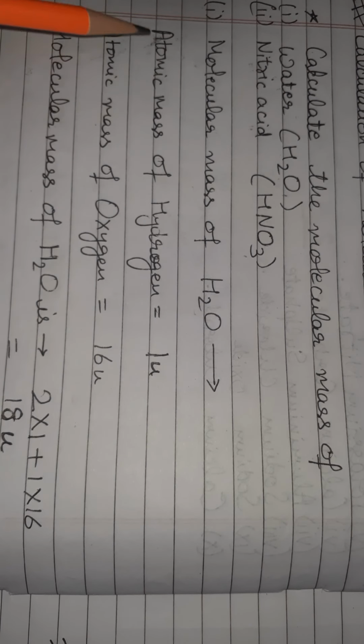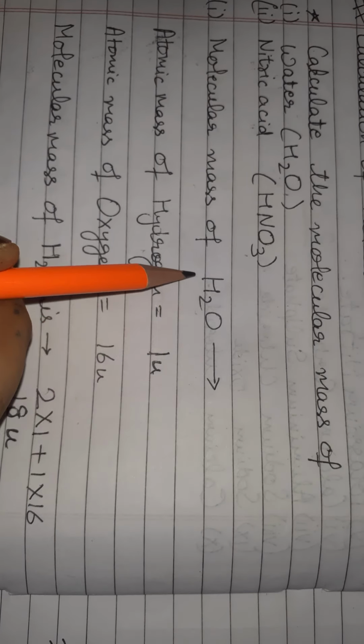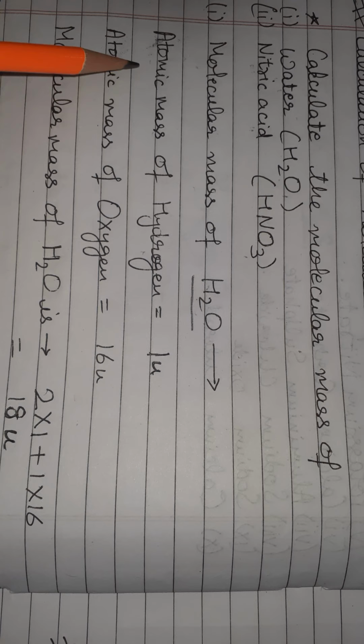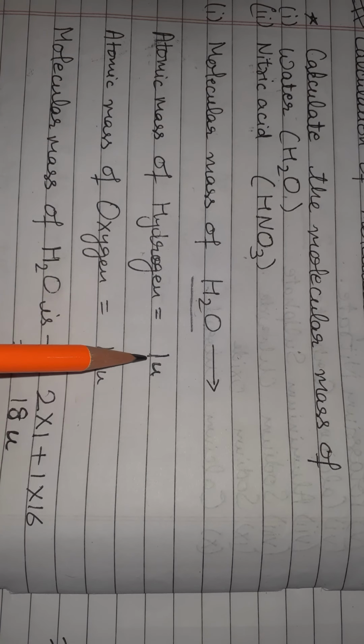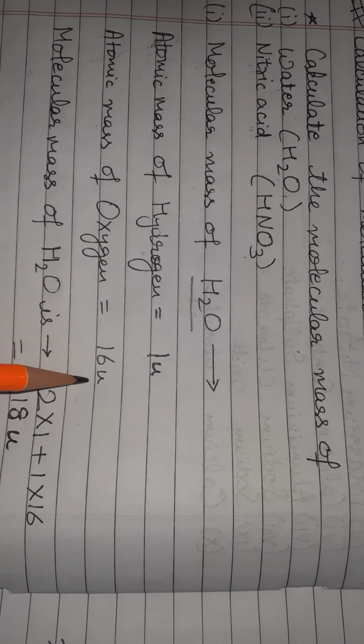For this, we take atomic mass of hydrogen. As you know that this molecule of water consists of 2 atoms of hydrogen and 1 atom of oxygen. So we take atomic mass of hydrogen is equal to 1 and atomic mass of oxygen is equal to 16 u.